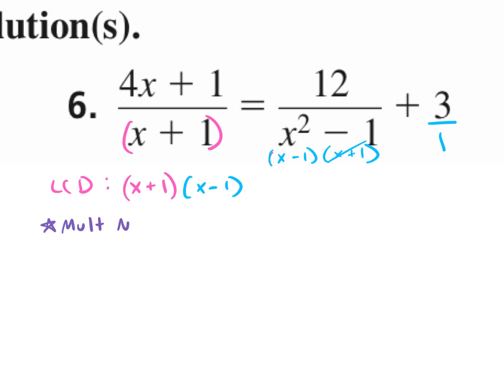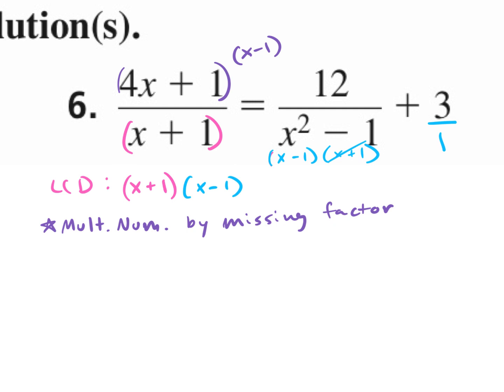I got to multiply the numerators by the missing factors. So what am I going to multiply the first fraction by? X minus 1. What about the second fraction? Does it have anything missing?